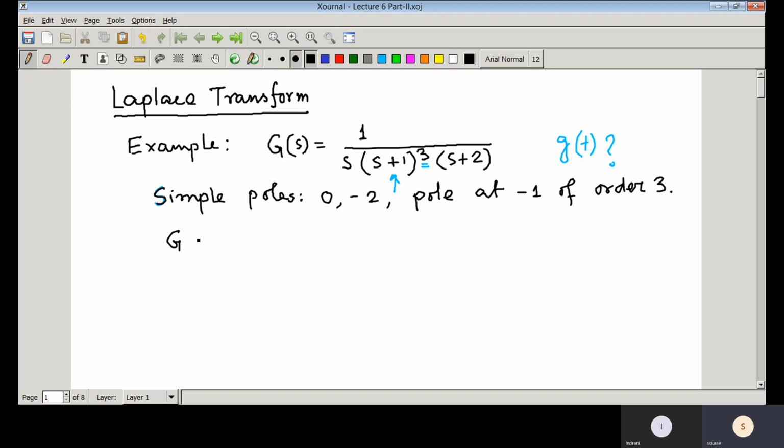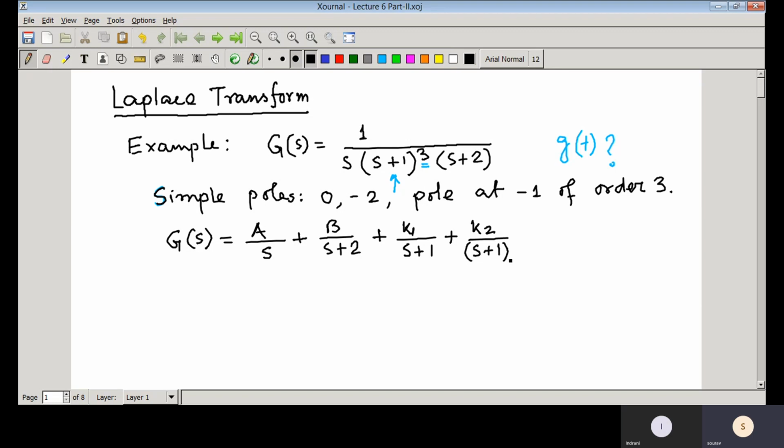So our first step is to represent this G(s) in partial fractional form, like A by s plus B by (s plus 2). So these are two simple poles, and then K1 by (s plus 1) plus K2 by (s plus 1) whole square, then K3 by (s plus 1) whole cube.